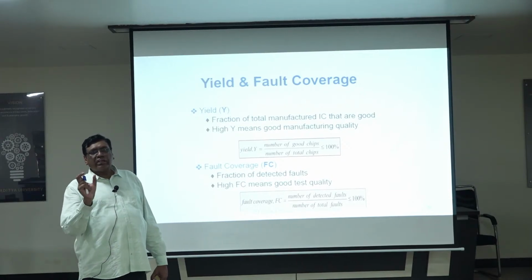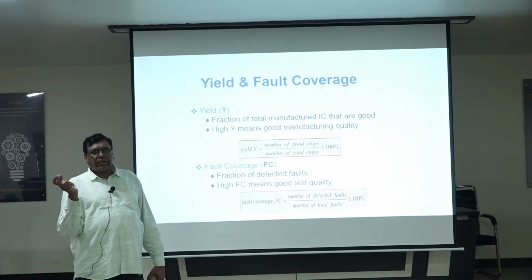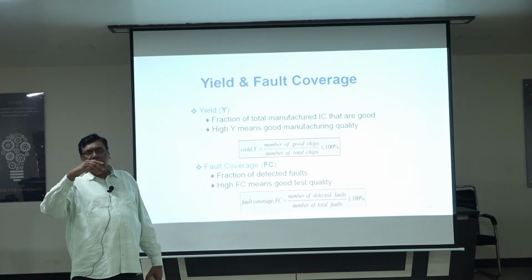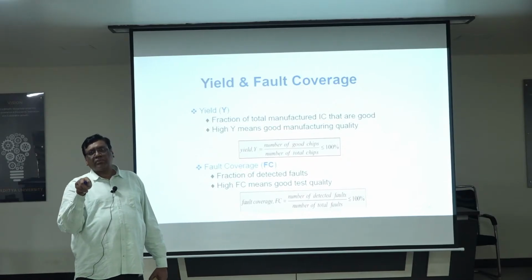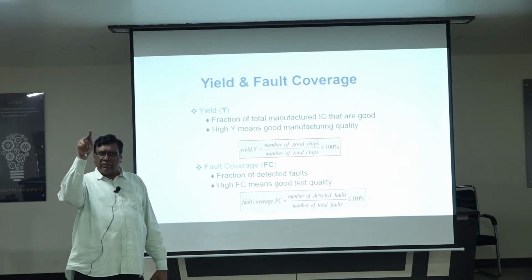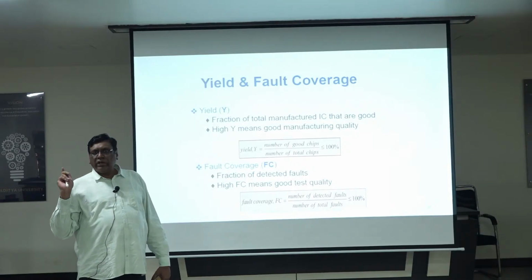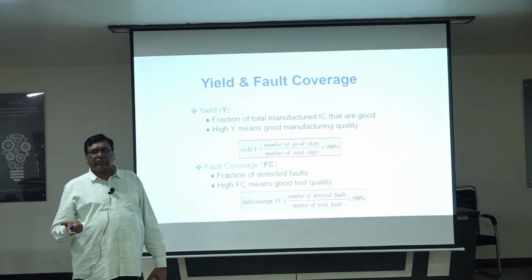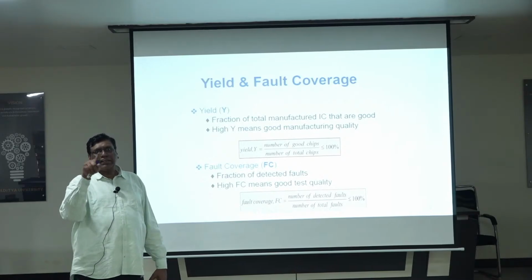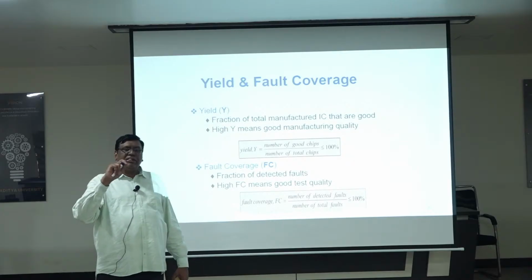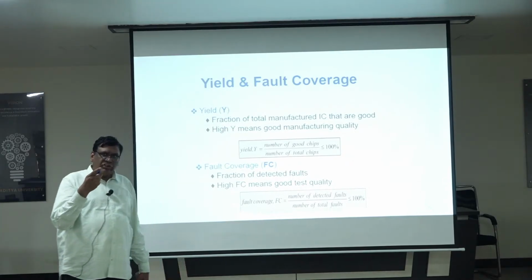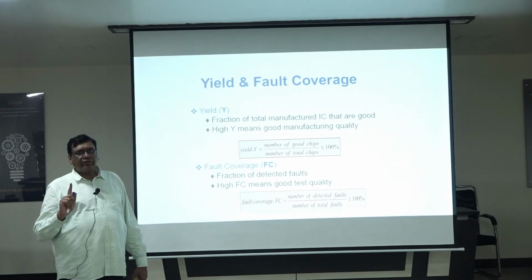So then we will call it a stuck-at-1. Stuck-at-1 means a metal is connected to the power supply, so the whole metal will always get a one only, no? It will never get a zero value onto the wire. So stuck-at-1 is a mathematical representation of the fault. Like that, each and every wire they will test for stuck-at-0 as well as stuck-at-1.